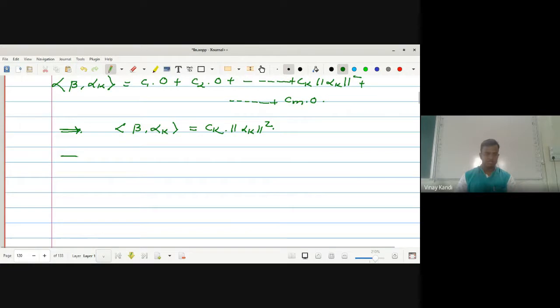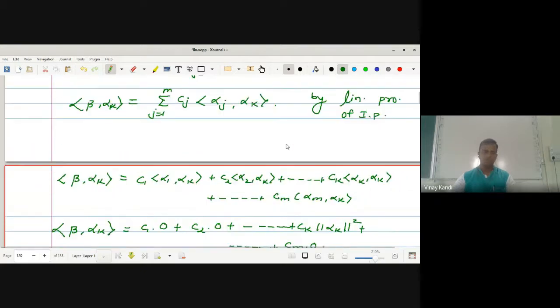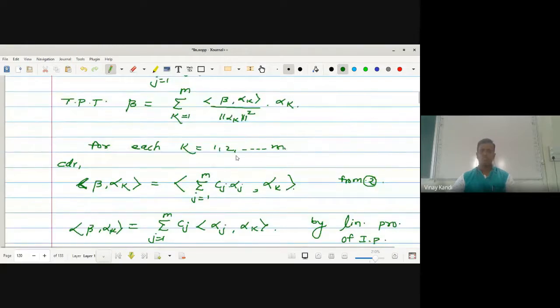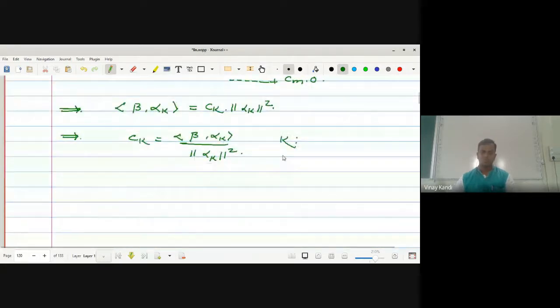So Ck is equal to the inner product of beta with alpha k divided by norm square of alpha k, where k is running from 1 to m, k equal to 1, 2, up to so on m. Any doubt?